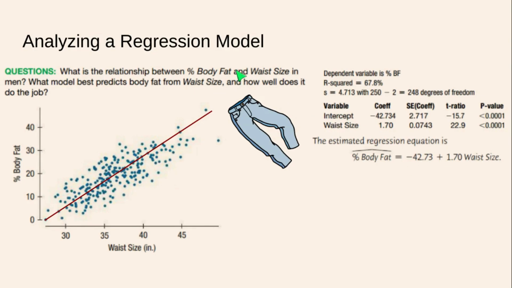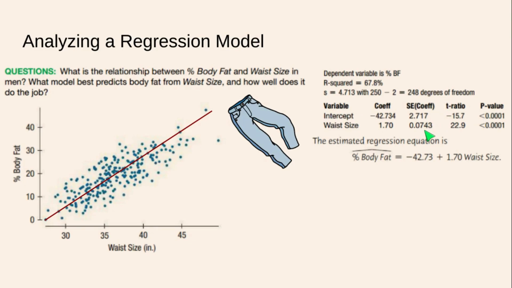But now to our second question: how well does it do the job? We're going to look at a couple things. We're going to look at the R-squared value, that's the variation accounted for. We're also going to look at this standard error for the coefficient. This is not the standard error for the bivariate data as a whole.